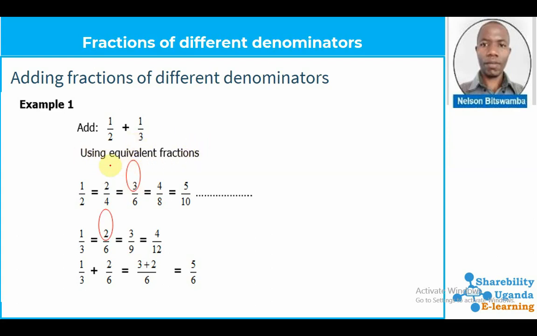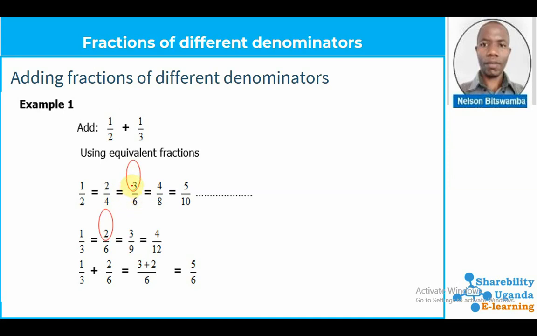After getting the equivalent fractions of 1 out of 2, we shall also get the equivalent fractions of 1 out of 3: 1 out of 3, 2 out of 6, 3 out of 9, 4 out of 12. Then we shall choose the common equivalent fractions, especially those that have the same denominators.